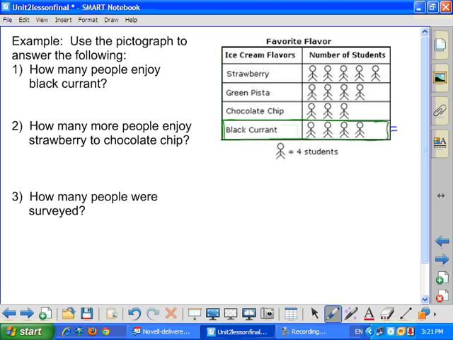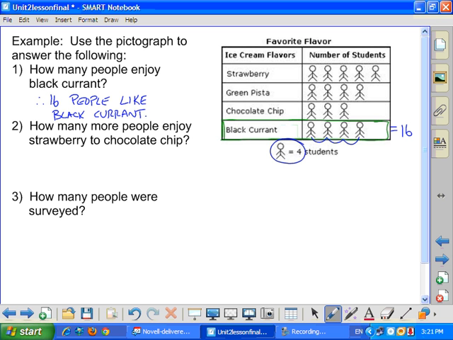What are 4 little stick men equal to? Right here, each stick man's 4. So I'm going to have to count by 4s: 4, 8, 12, 16. So 16 people like black currant.